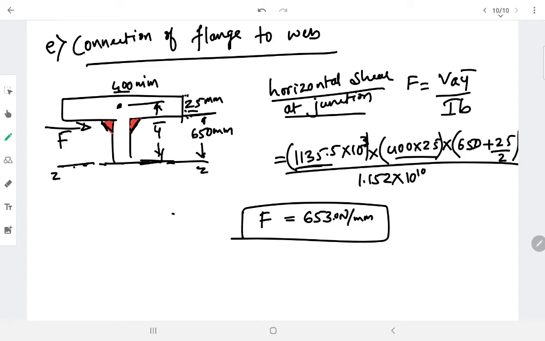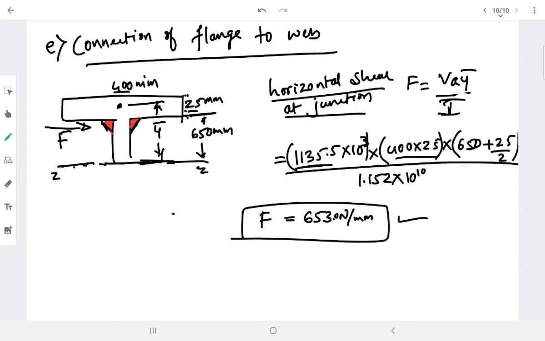I is what we have already calculated, 1.152 into 10 raised to 10. So this is not IB, it is just I. If you calculate, the force comes to 653.0 Newton per mm, that is, per mm length, this is the force.